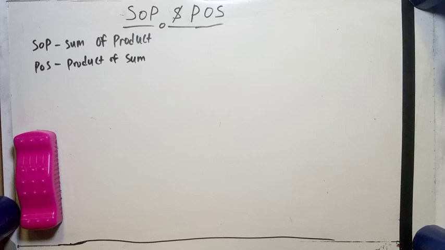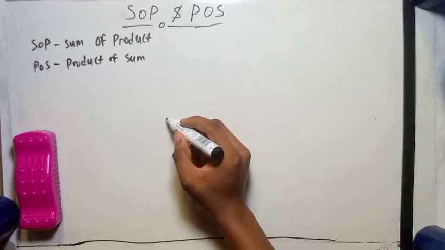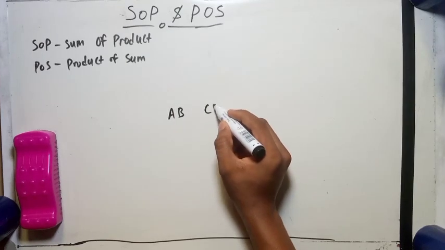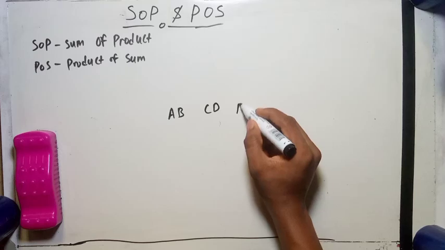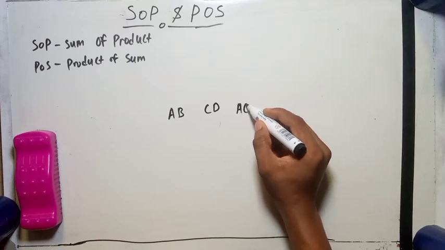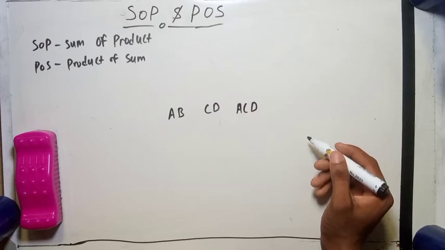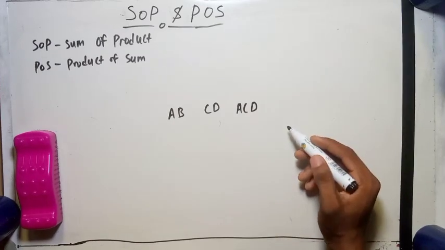Okay. Now, when we say sum of product SOP, this is a product: AB, CD, ABCD, AB, ACD. All these are all what? Products. All these are what? All products.